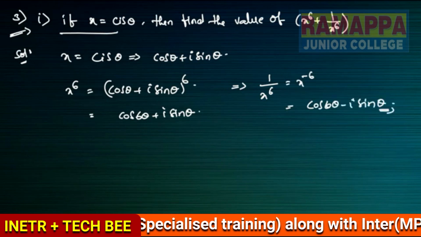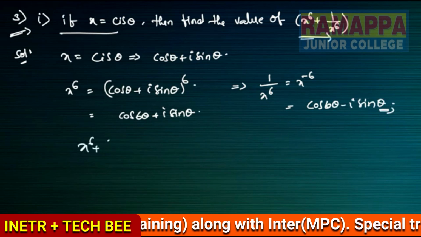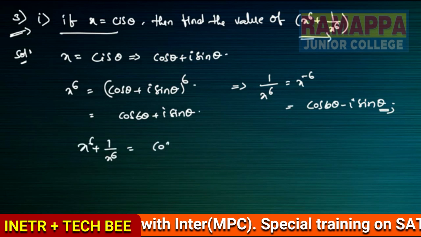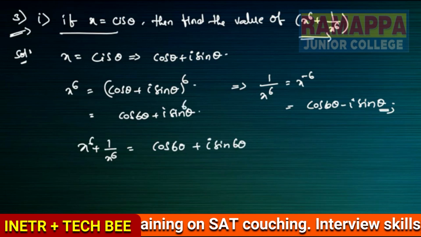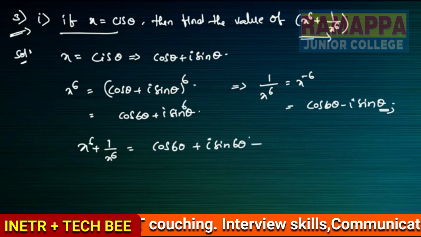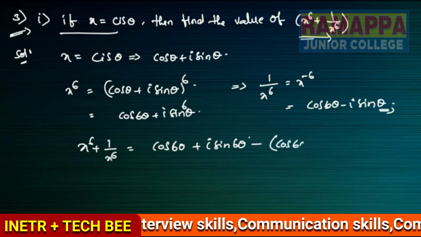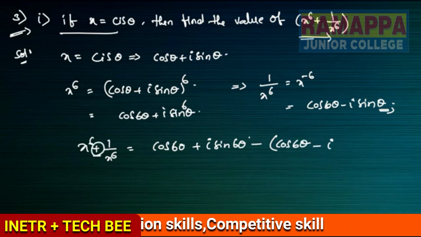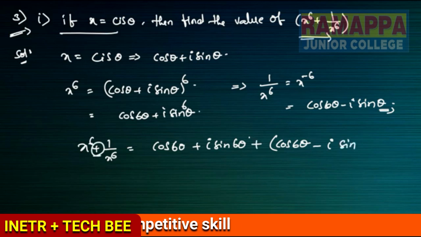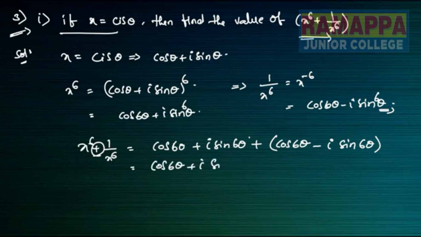So here he is asking us to find this value. x to the power of 6 plus 1 by x to the power of 6 is equal to cos 6 theta plus i sin 6 theta, plus cos 6 theta minus i sin 6 theta.